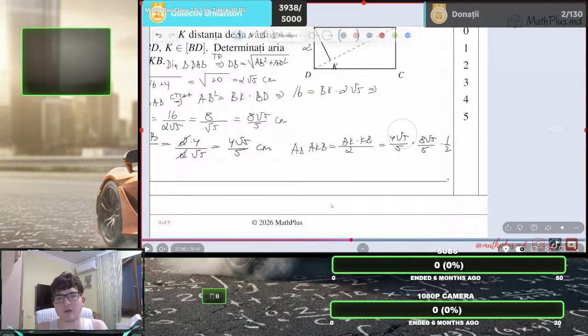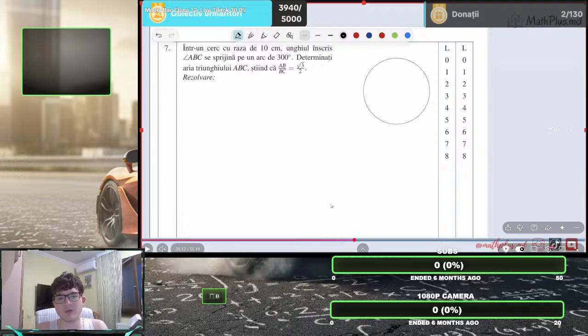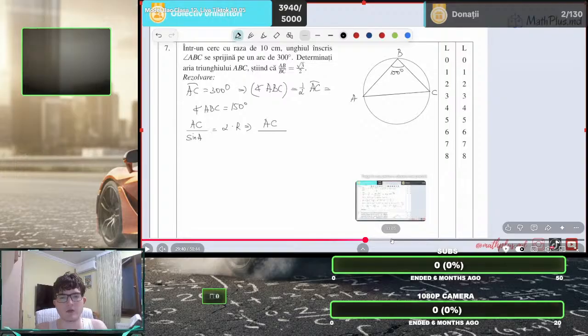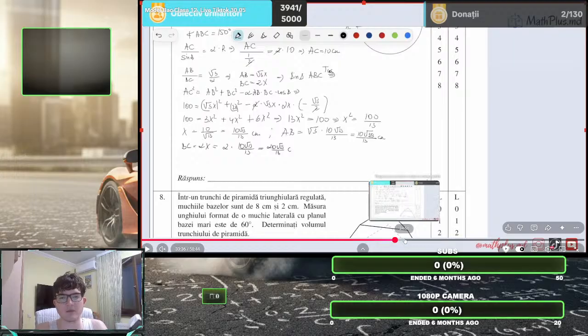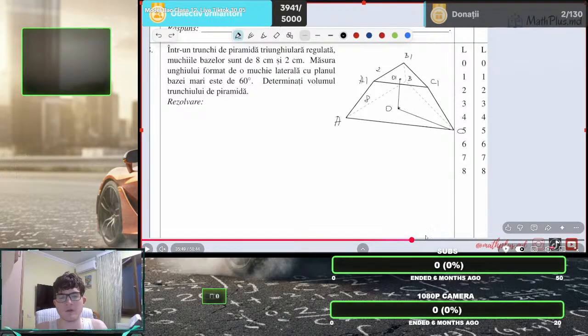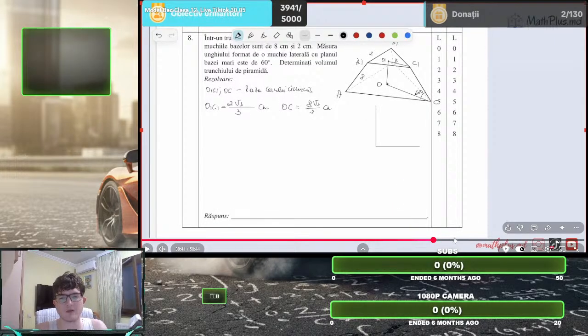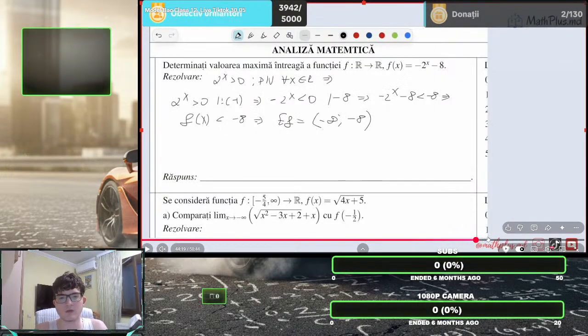I'll just use Pythagorean or so on. This is a circle, so this is pretty advanced territory. I'd like to move over this sine. I definitely don't need this with a sine and stuff. This one's pretty advanced. I mean, 60 degrees there, circle.